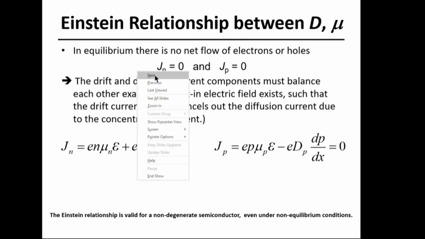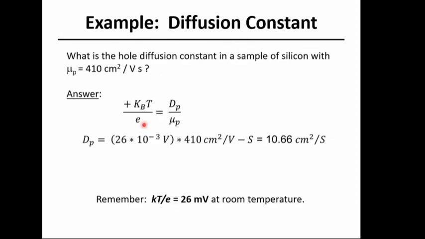If I'm talking about P or N, Einstein will give me kBT over E equal to dP over mu p equal to dN over mu n. So as well, kBT over E is known, since we know that at room temperature it's equal to 26 millivolt.